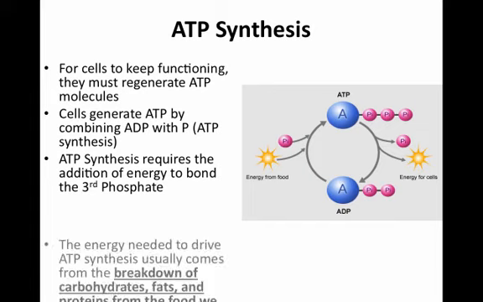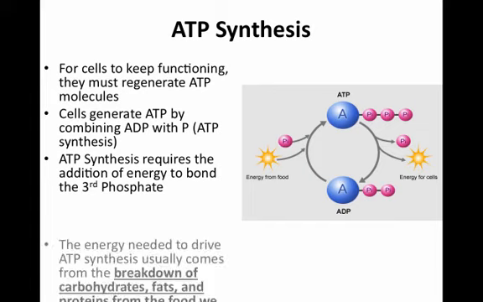So when we digest and metabolize carbs and fats and proteins, that energy that we're getting from that is actually being used to recharge our ADP molecules back into ATP so that it can be used for other cellular work. Once we get it regenerated, like I said, it goes back out and more chemical reactions can take place.